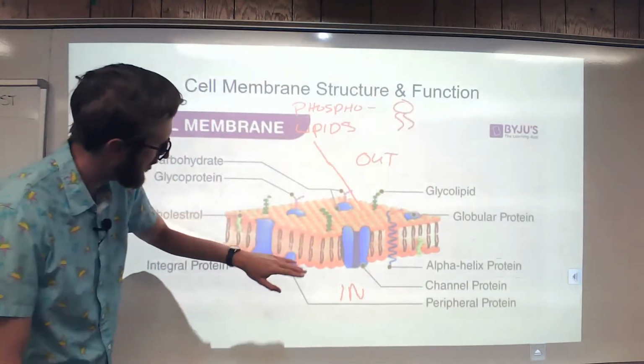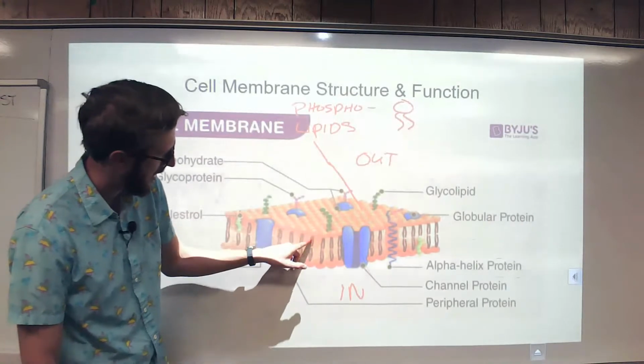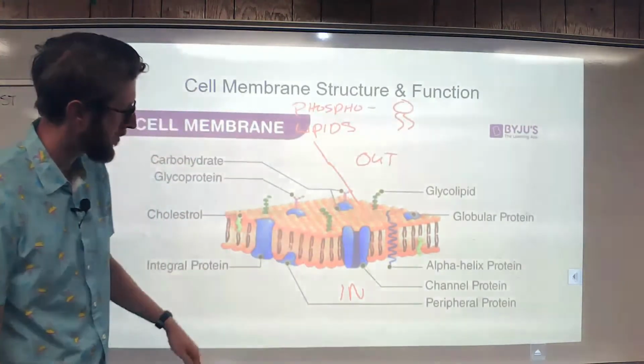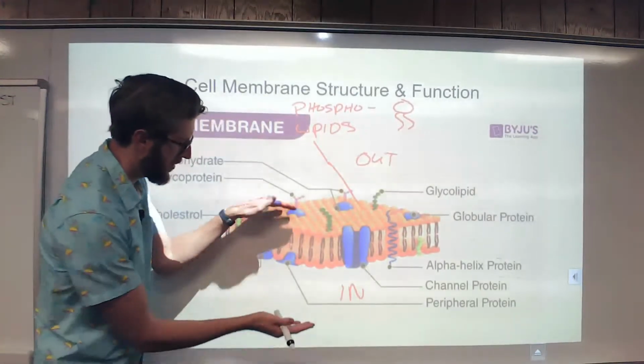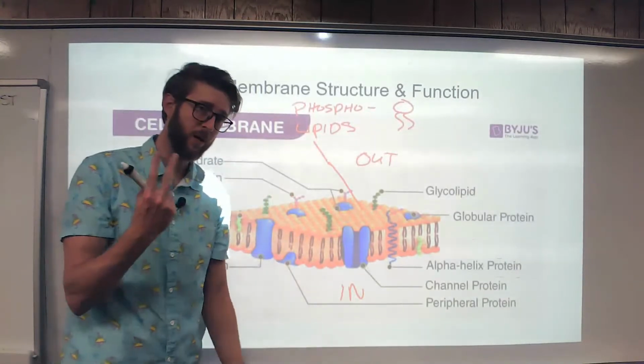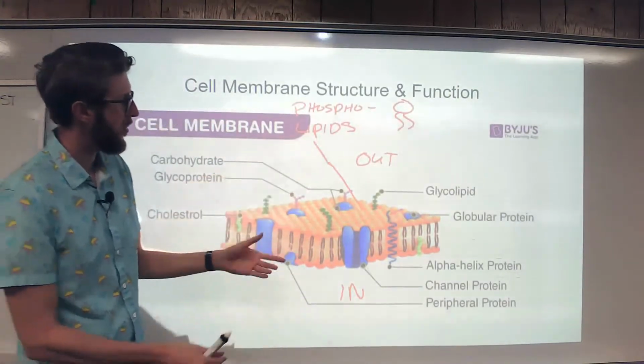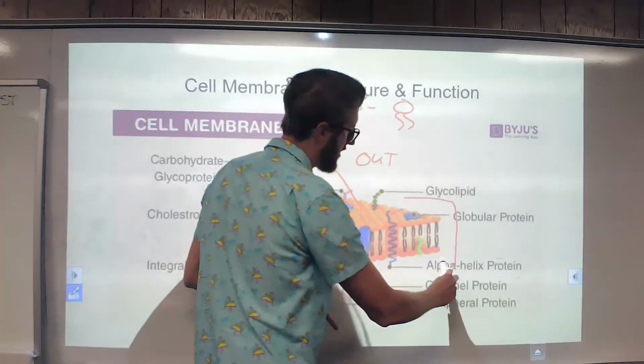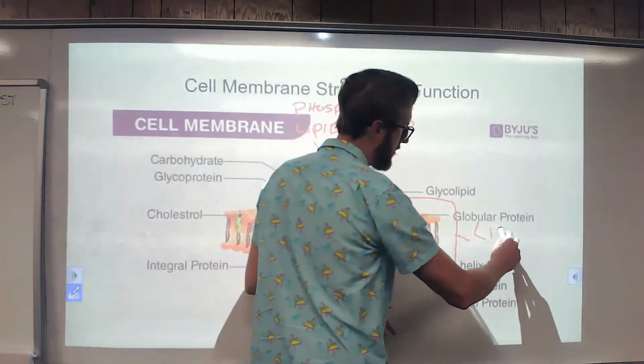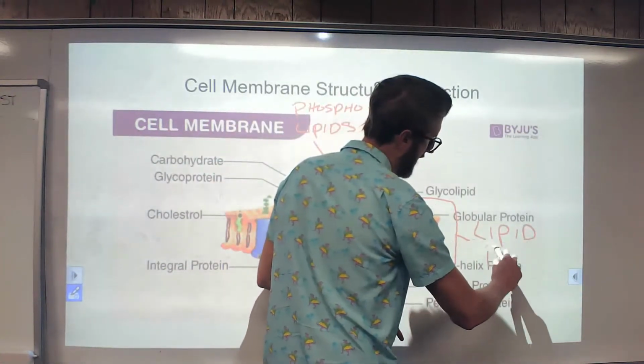You can see them if you look really closely right here. You've got the head with the 2 little black tails there. If you also look closely, you'll see that there's not 1 layer, but 2 of these. What we call this right here is the lipid bilayer.